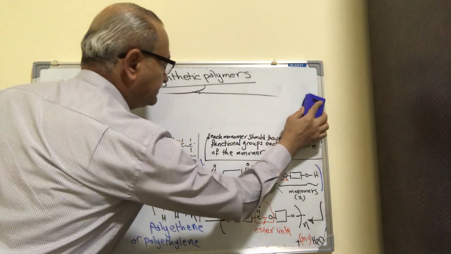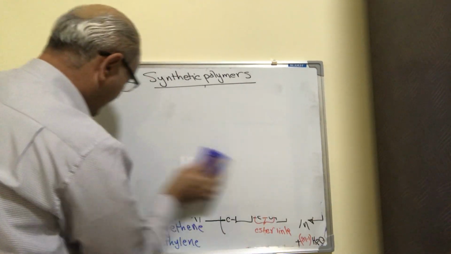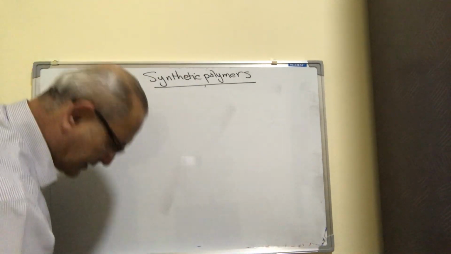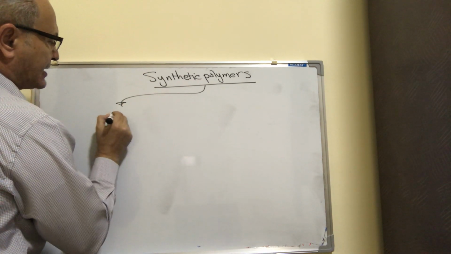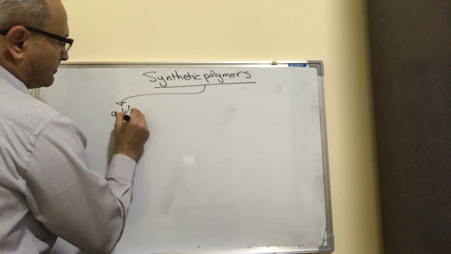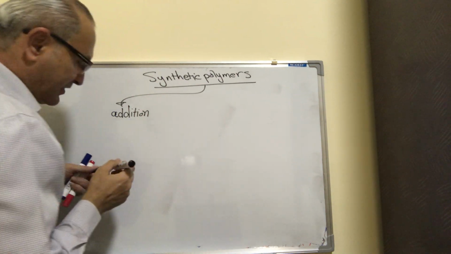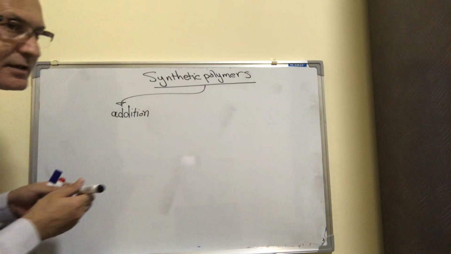Another example for both of them. Okay, I will give another example for the addition and another example. By the way, I'm sorry, the one that was here is called polyester.